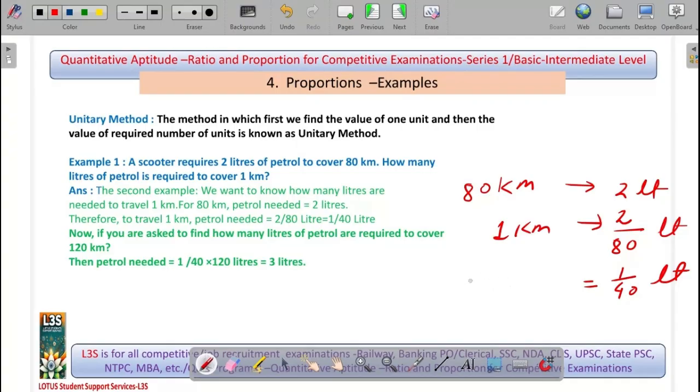Now sometimes we may be asked how many liters of petrol are required to cover 120 kilometers. Instead of 1 kilometer, if they ask 120 kilometers, then this 1 by 40 will be multiplied by 120, which equals 3 liters. So for 120 kilometers, it will require 3 liters. For 1 kilometer, 1 by 40 liters is required. For 80 kilometers, 2 liters are required.